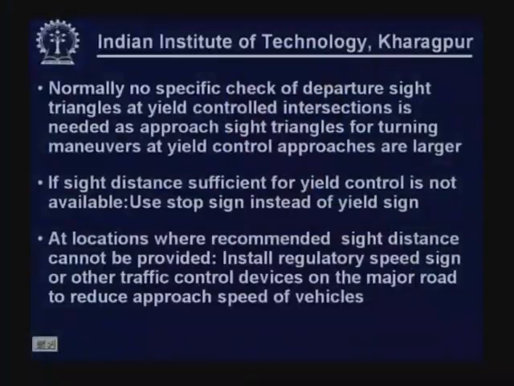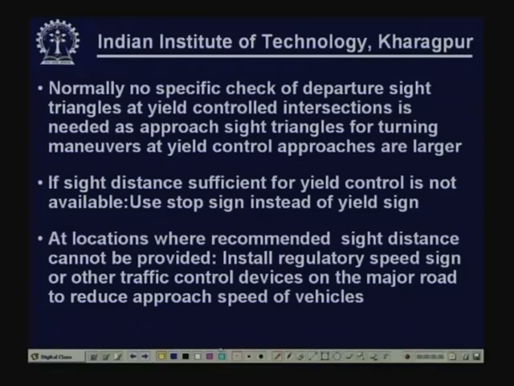Further, at locations where the recommended side distance cannot be provided, one should explore the possibility of installing a regulatory speed sign or other traffic control devices on the major road.